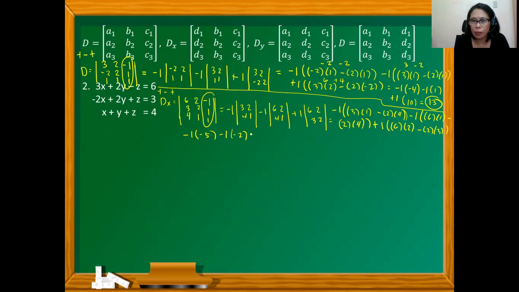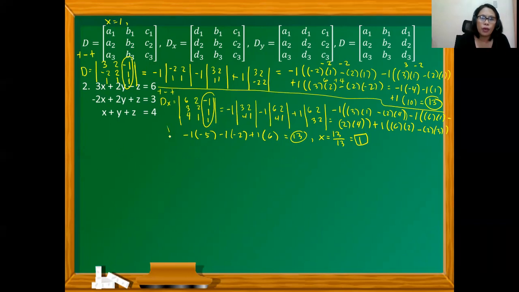And then we have plus 1 times. So this is 12 minus 6. So this is 6. So this is 5 plus 2 is 7 plus 6, 13. So our d sub x is 13. So therefore x is equal to d sub x, which is 13, divided by 13. So x equals 1.